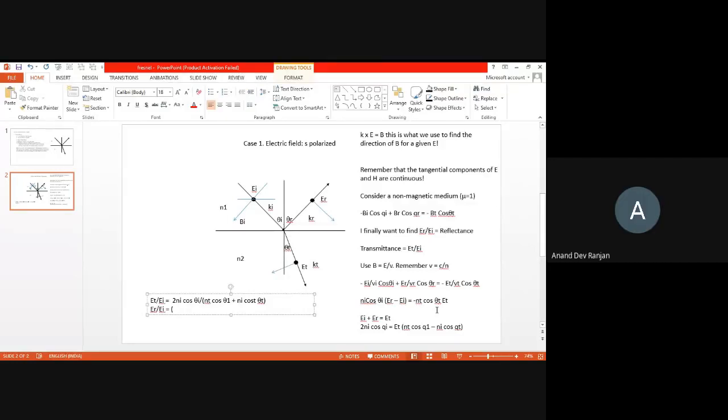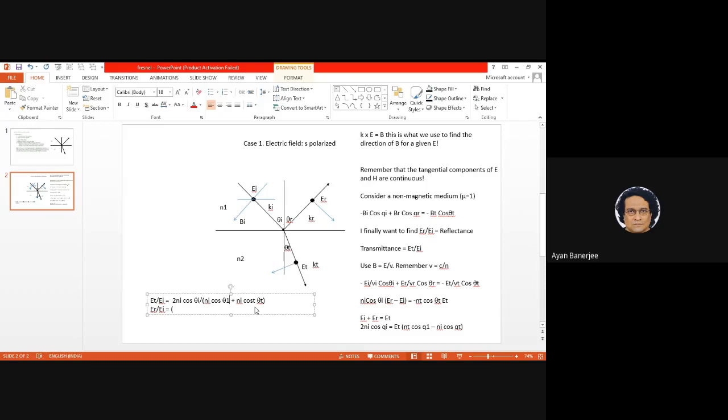Just make the numerator the previous term and keep the denominator the same: Nt cos theta I plus minus Ni cos theta t. Is this correct, or should it be Ni cos theta I and Nt cos theta t? Just check this from here. I think this is wrong, no? Ni cos theta I minus Nt cos theta t. Correct.